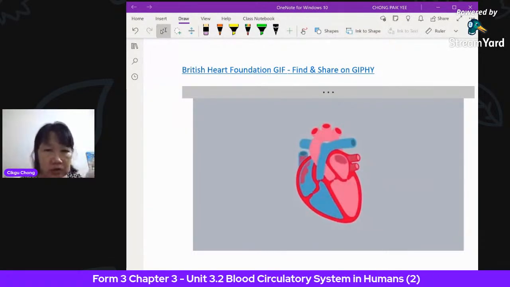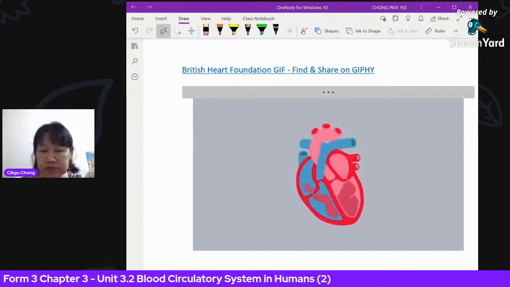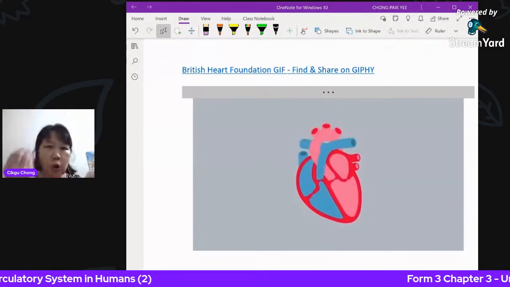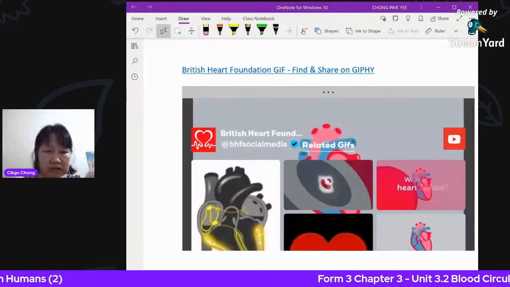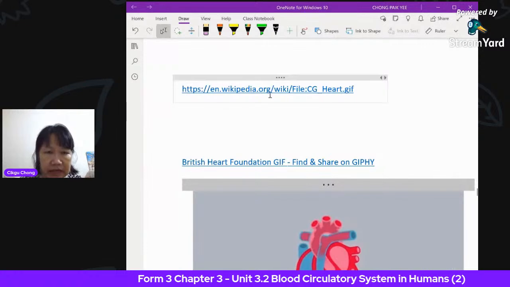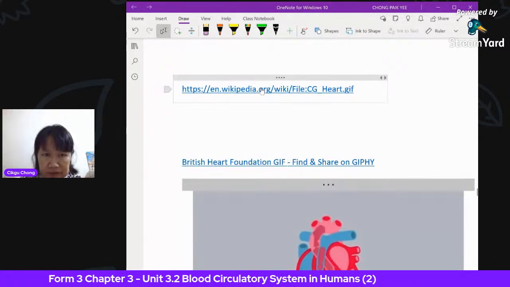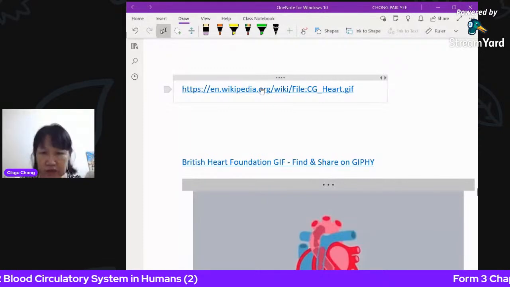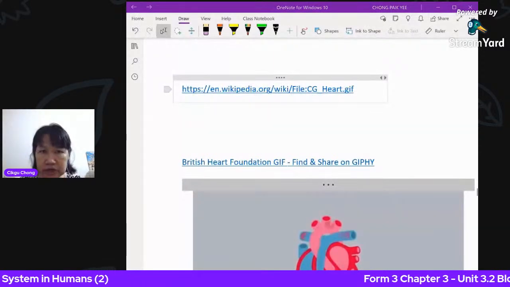Okay, I'm going to show you another video, a GIF, but it's a real heart, so you can see very clearly the opening and closing of the valves. Wait, I want to show you this one, but I need to open the file first. You wait for a while. Open the file, and then I'm going to share again. I'm going to stop sharing, and I'm going to share this whole screen for you. Then you can see better.